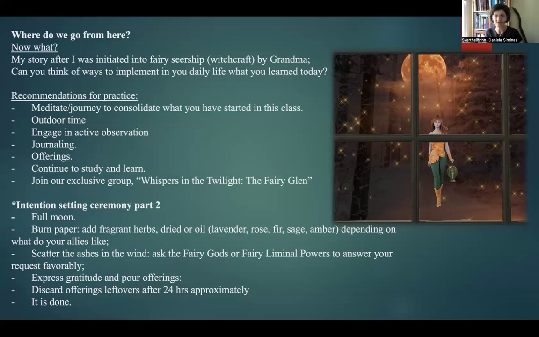We have an exclusive and secret group, Whispers in the Twilight, the Fairy Glen. So you'll have to find it on Facebook, or you have to befriend me on Facebook so I can give you access to that. So it's a very small community. It's not randomly open.